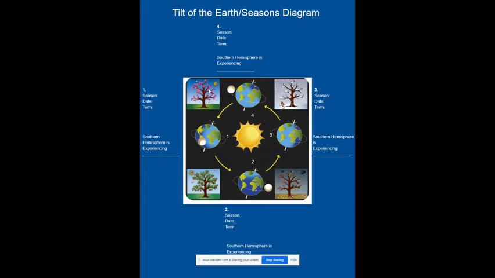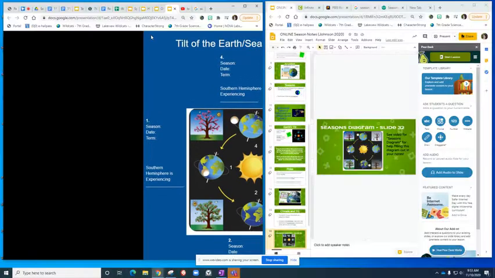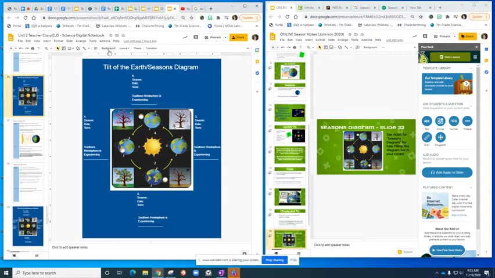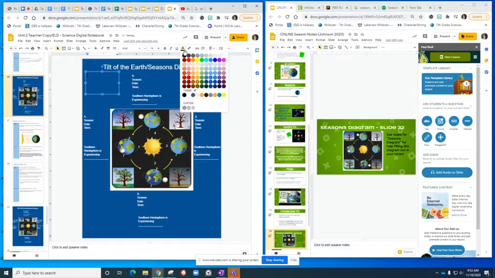Now, what we're wanting here for each of these different categories, so there's 4 seasons. We're going to have winter, spring, summer, and fall. So we need to figure out on this diagram where is winter, where is spring, where is summer and fall.